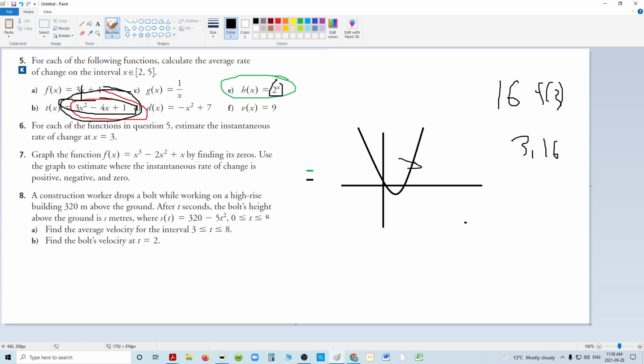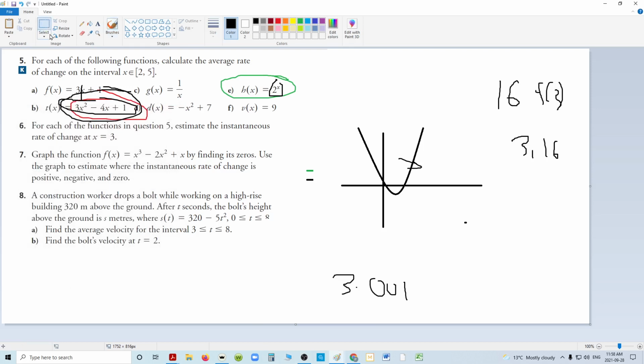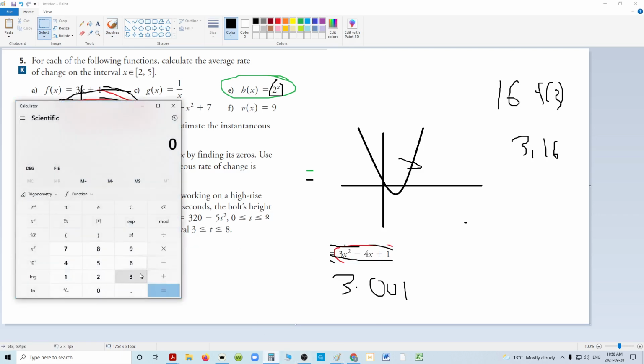That means if I'm going to take an instantaneous rate of change, I'm going to take 3.001. So I'd have to take my calculator, and everywhere I see x, I have to put in 3.001. This is for an h of 0.001. So the first x is squared.